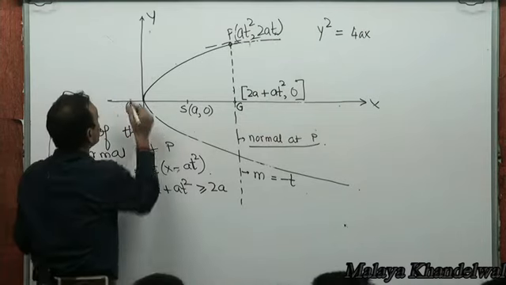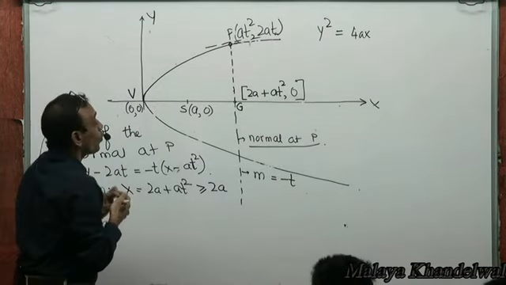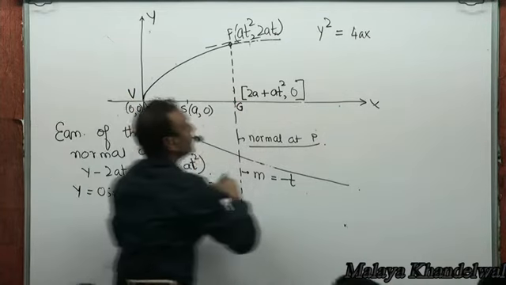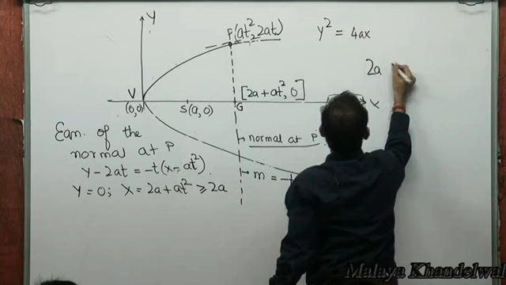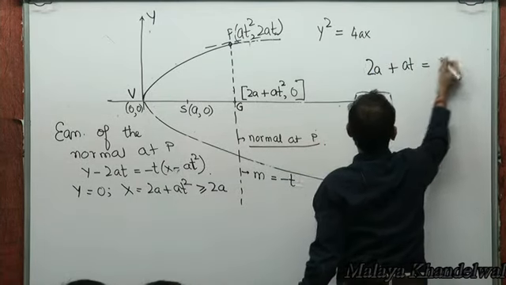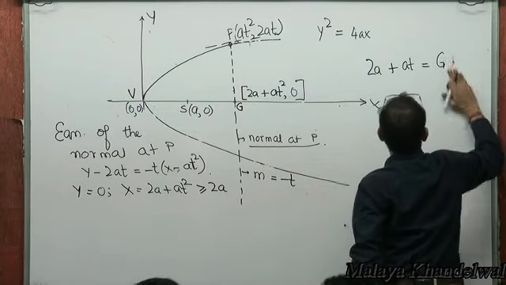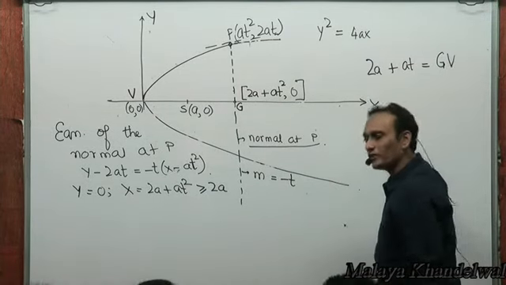Now, what it really means is, what is 2a plus at squared? It is actually the distance from the vertex. Yes or no? GV is the distance from the vertex.